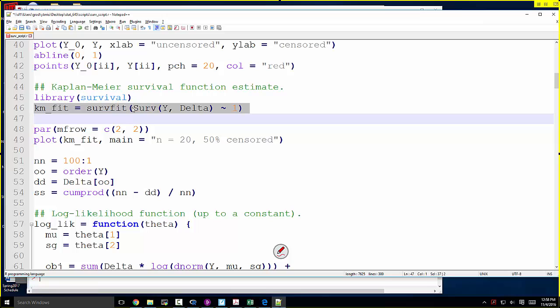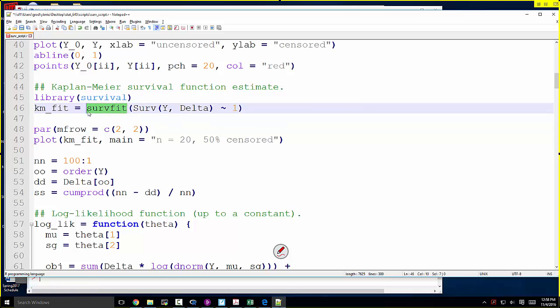So I'm saying fit a survival curve using this as the response, and tilde 1 means I only have one comparison group. I don't need multiple survival curves. We'll change that in a minute and have 2 survival curves. So this gives us the survival curve estimate.